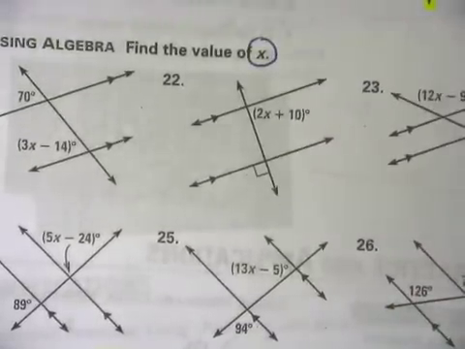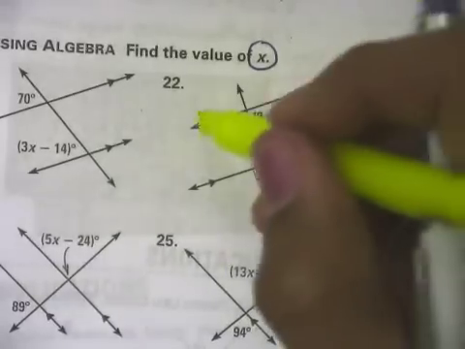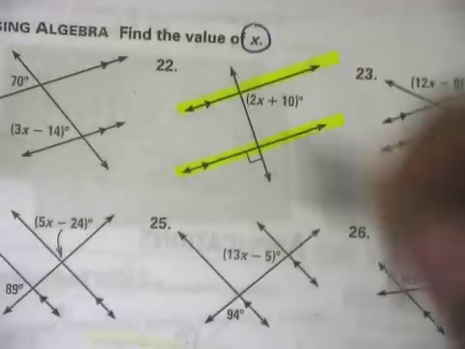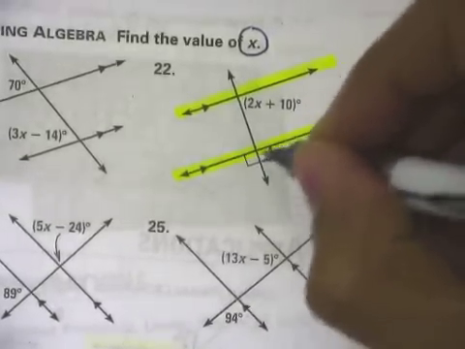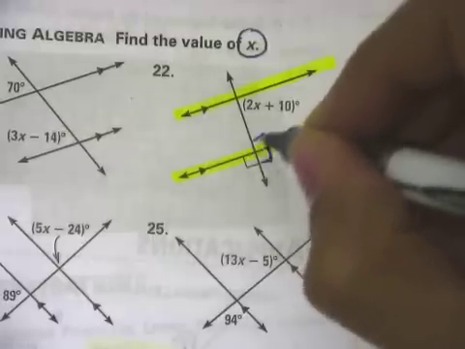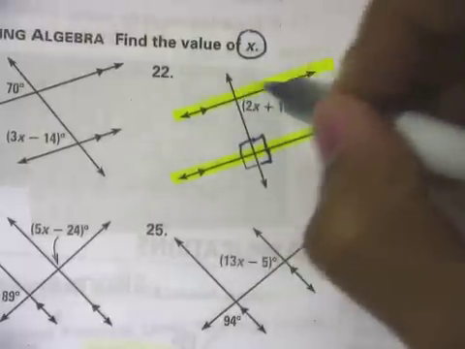Moving along to questions 22, 24, and 26, again, they wanted me to find the value of x. Well, if I look here, something interesting happens. Here are my two parallel lines. Here's my transversal. I know that this is 90 degrees. I know that this is also 90 because it's a linear pair. I know that this is going to be 90 because these are vertical angles.